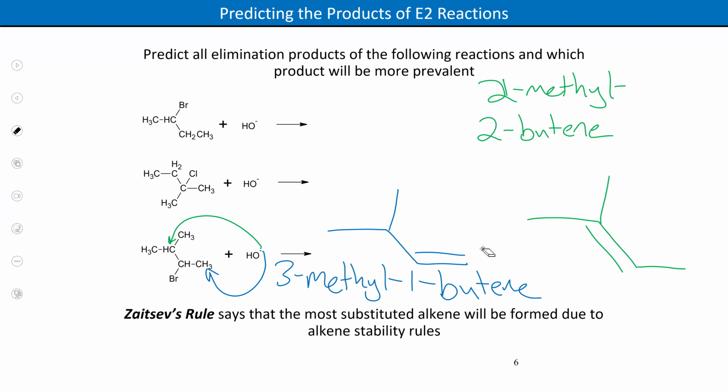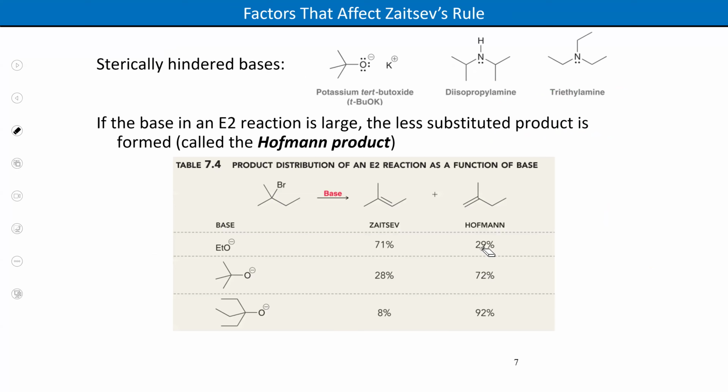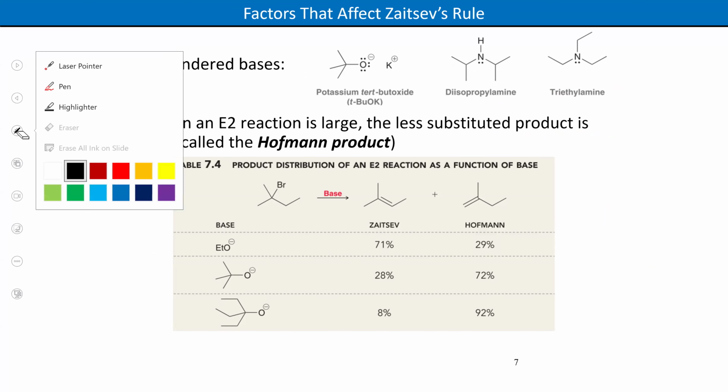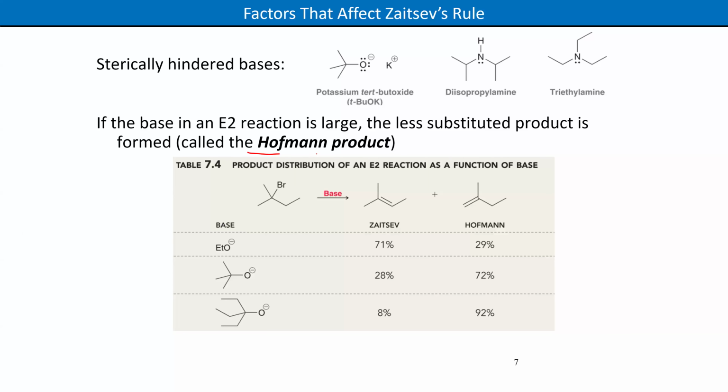So let's talk about, last thing before we take a break and switch gears, what happens when you get the anti-Zaitsev product. We don't actually call it the anti-Zaitsev product, it's called the Hoffman product. And that's a really common name, it turns out, in organic chemistry.